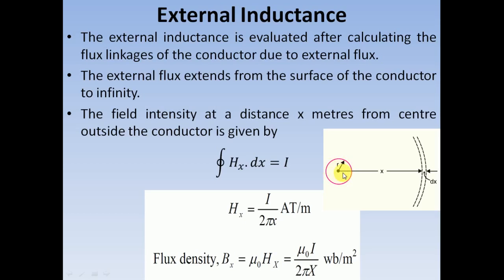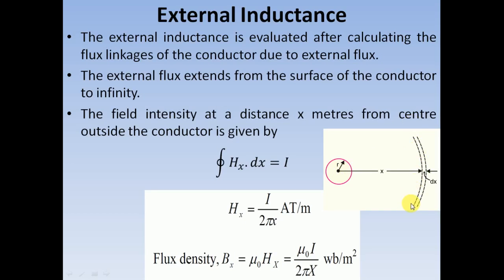In the previous case, that is flux linkage due to internal flux, we considered the cylindrical shell inside the conductor portion at a distance x meters from the center. While applying Ampere's circuital law there, the current enclosed by the cylindrical portion was considered to be Ix. But in this case, the cylindrical shell is considered at a very far distance from the center of the conductor.